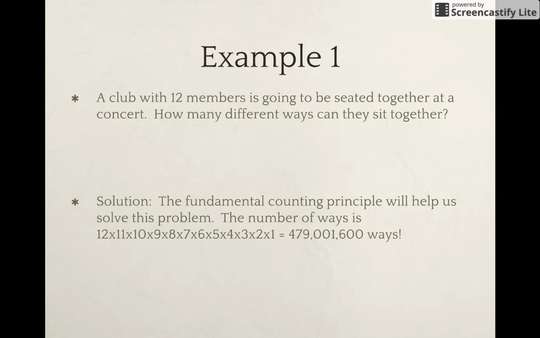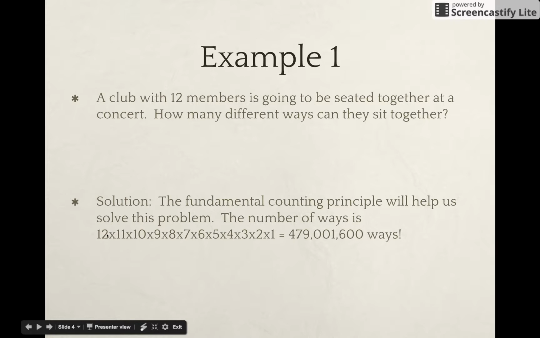Let's look at an example. A club with 12 members is going to be seated together at a concert. How many different ways can they sit together? Well, the fundamental counting principle will still help us solve this problem. The number of ways is 12 times 11 times 10 times 9 times 8 times 7 times 6 times 5 times 4 times 3 times 2 times 1.